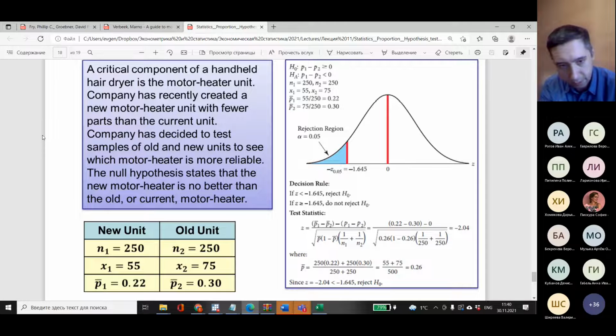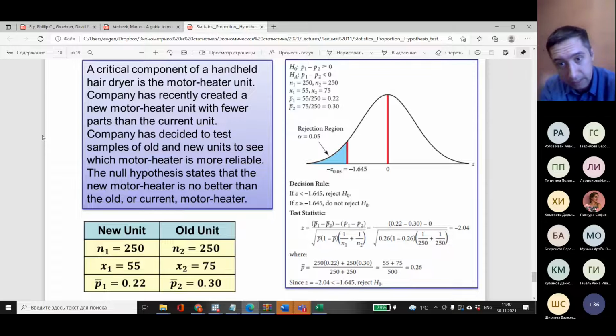Let's recall our assumptions: the number of successes cannot be less than 5 and the number of failures cannot be less than 5. And indeed, 55 is greater than 5 and 75 is greater than 5. Moreover, if we calculate the number of failures, you will see that this number is greater than 5.